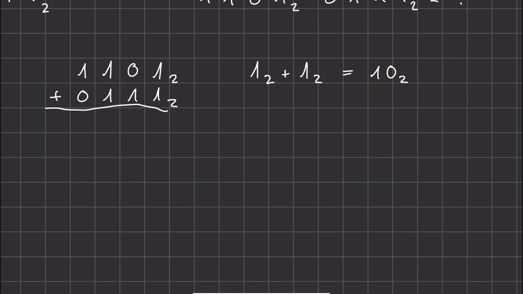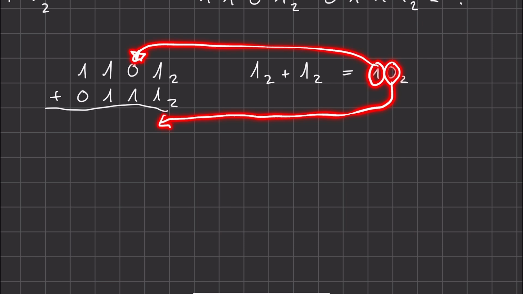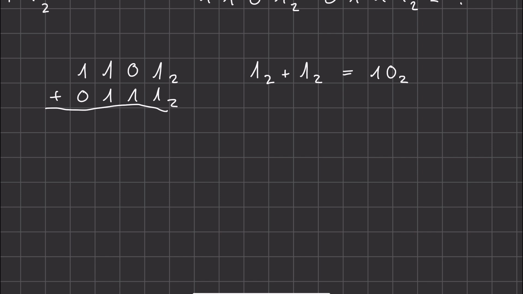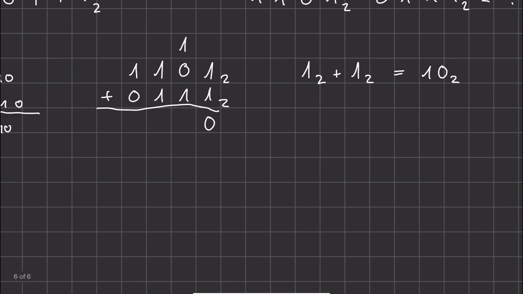So what happens in this column is that the lower value position goes here, and our carry value goes to the next highest value. So we write our 0 here, and our 1 gets carried up here, and then we do the same again. We add this column, and this time we have the same case where 1 plus 1 is 2. So we write our lower value down here, our carry goes up here, and we go again.